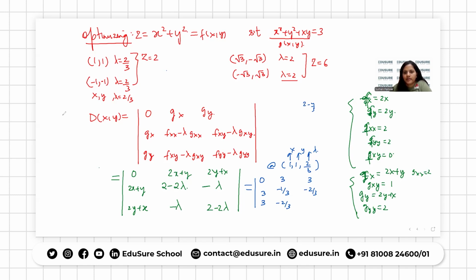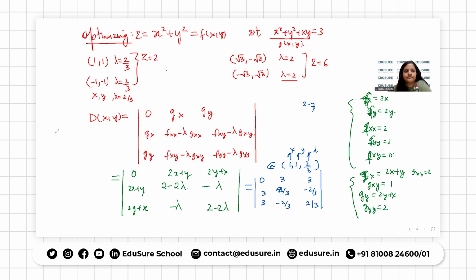I hope the calculations are correct. Again, we'll calculate 2 minus 2 lambda. Okay, fine. So now let's calculate the determinant.